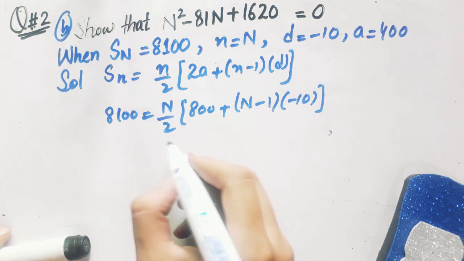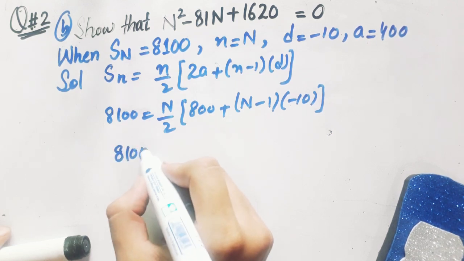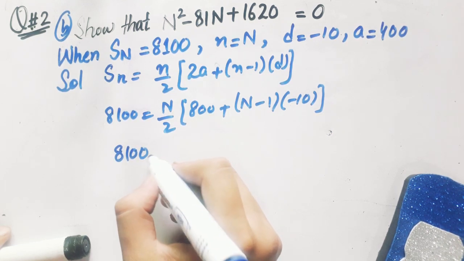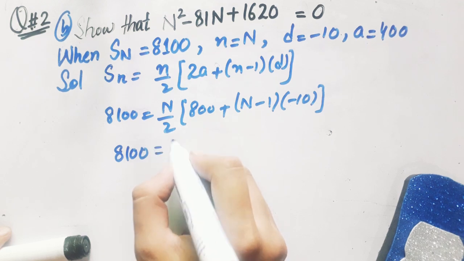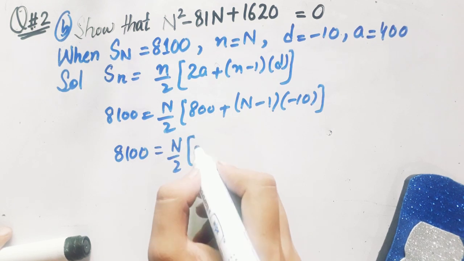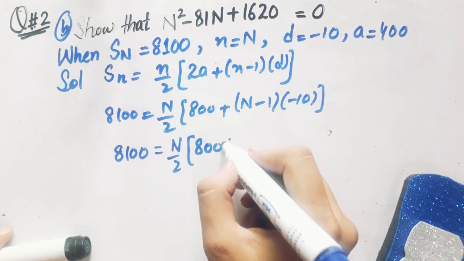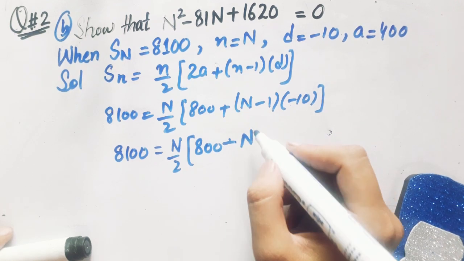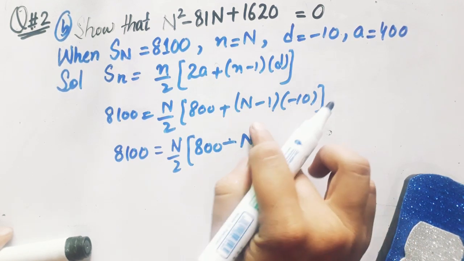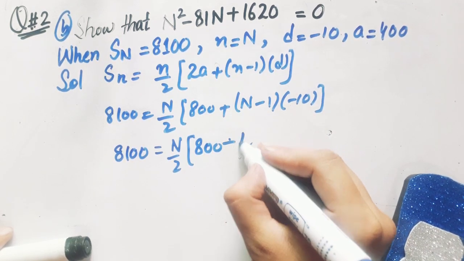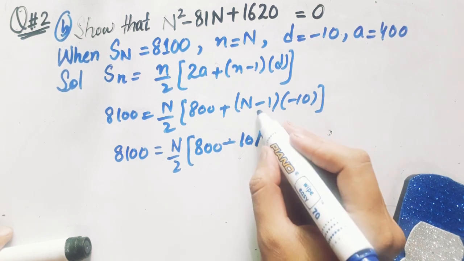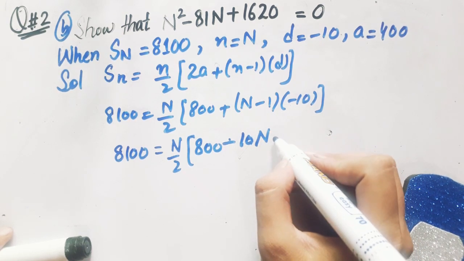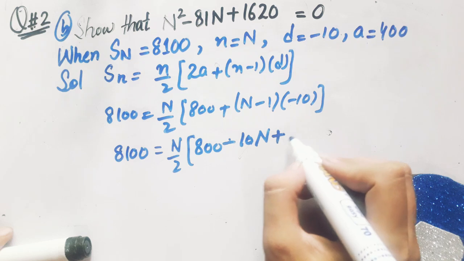It will become 8100 is equal to n by 2, 800 minus n minus 10n, minus minus plus 10.